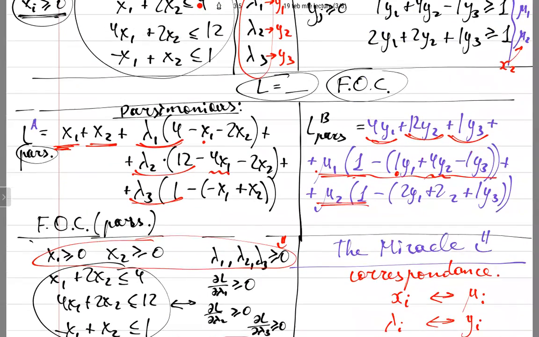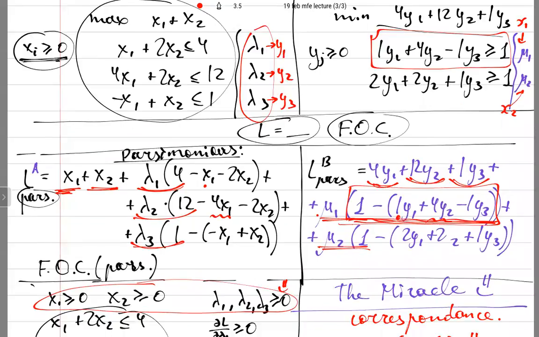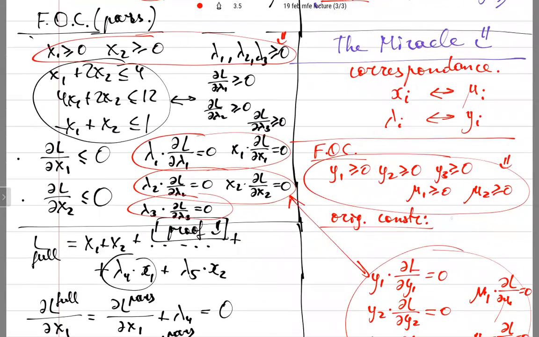So let us look at this dL/dmu. It should be less than 0 because I have written them like that: 1 minus the left-hand side should be less or equal to 0. So I have the original constraints dL/dmu1 less than 0 and dL/dmu2 less than 0. This is exactly like in the first order condition of problem A. Okay, we go on.